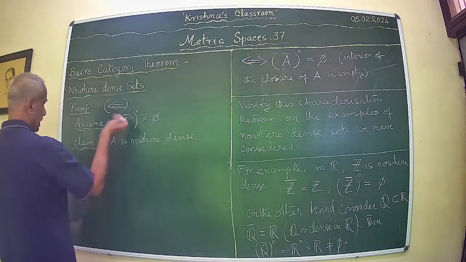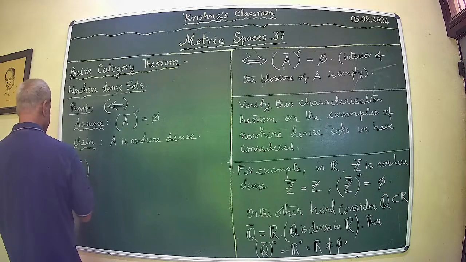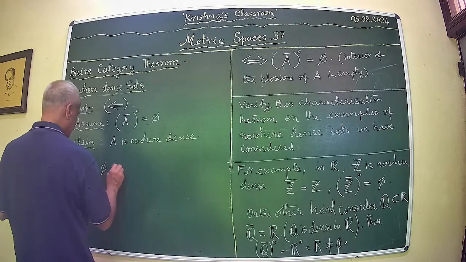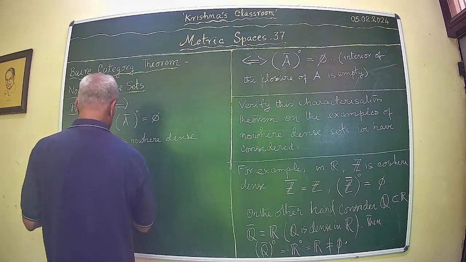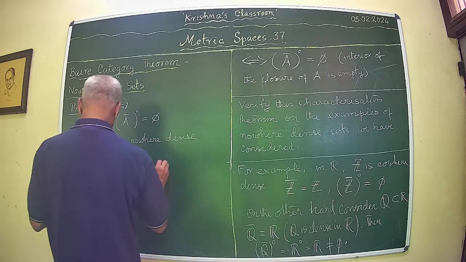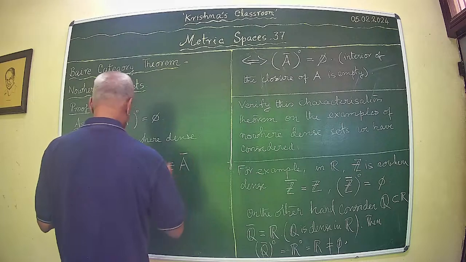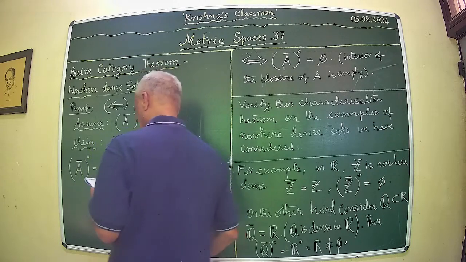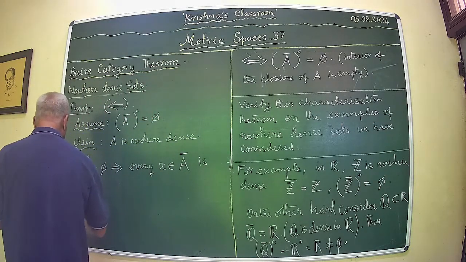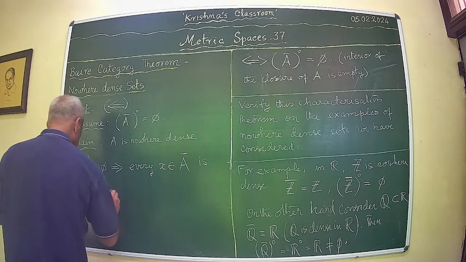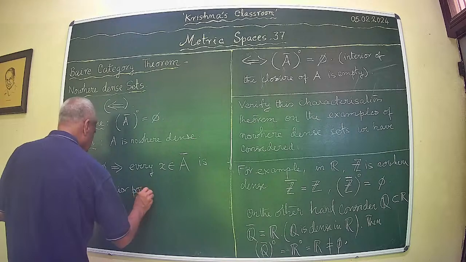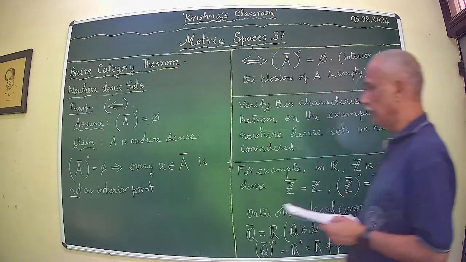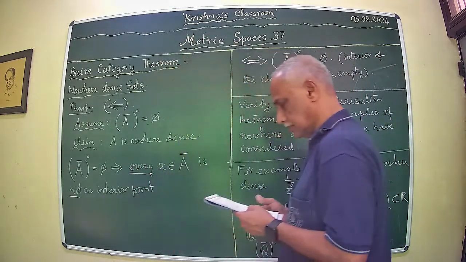So let us apply this. A closure interior is empty, which implies every x belonging to A closure is not an interior point. Every x belonging to A closure is not an interior point.